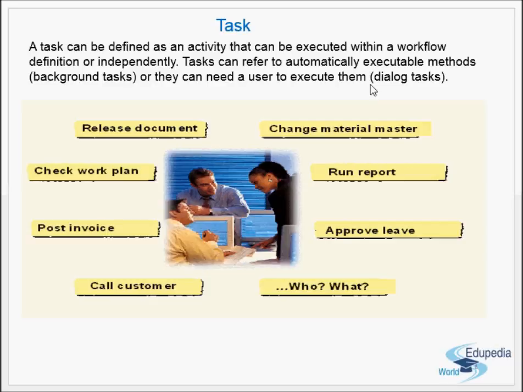In some cases, the workflow is configured such that at some steps, without user intervention, the task flows ahead. But at some points, we of course do need user intervention. Examples of a task in the workflow are: check work plan, post invoice, call customer, release document, change master material, run report, approve leave.